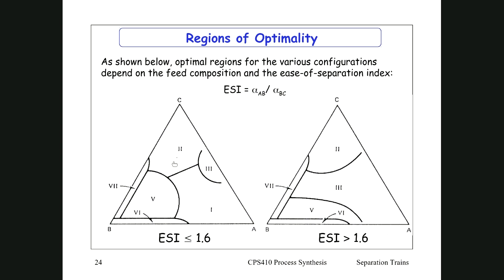Okay, so that's more or less what Tedder and Rudd have done. I just want to go into more detail, because they found that this applied when you have an ease of separation index less than 1.6.